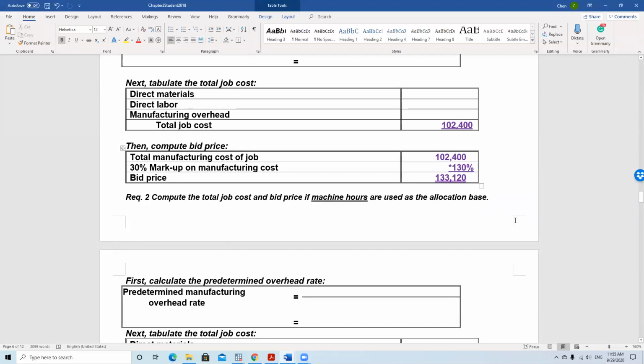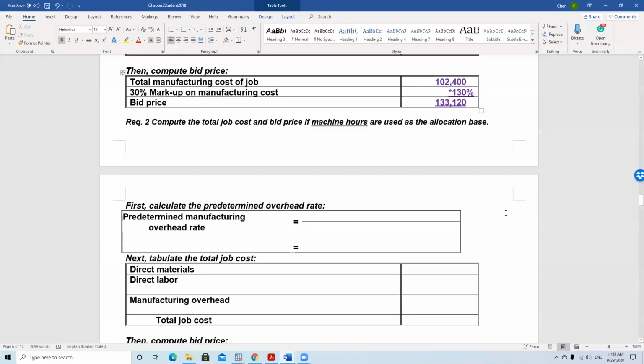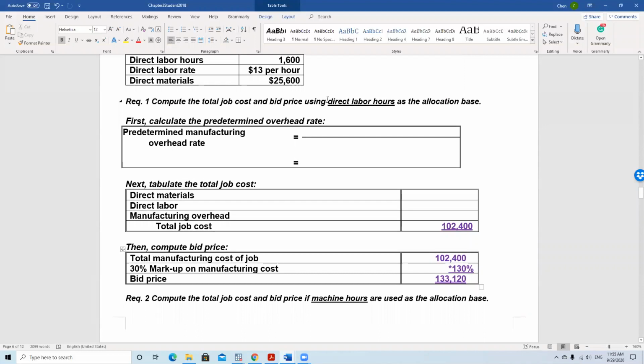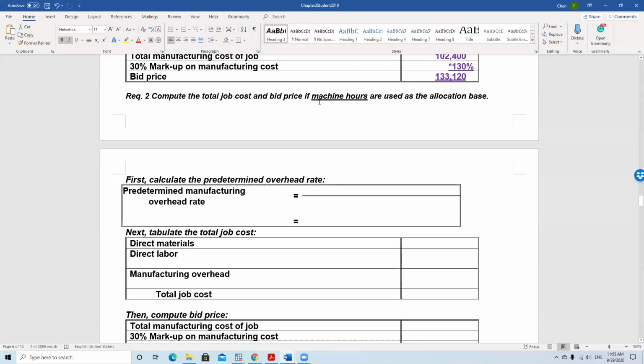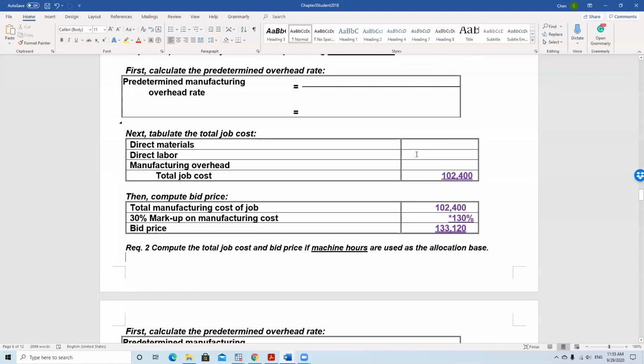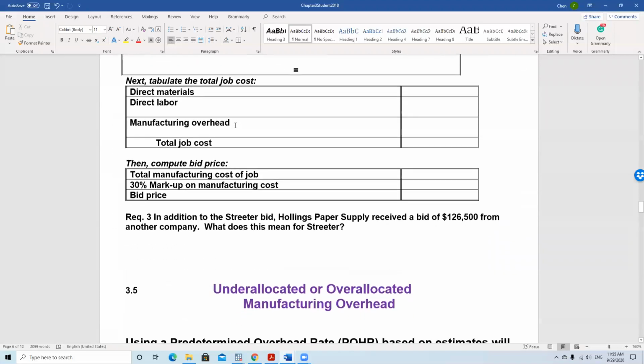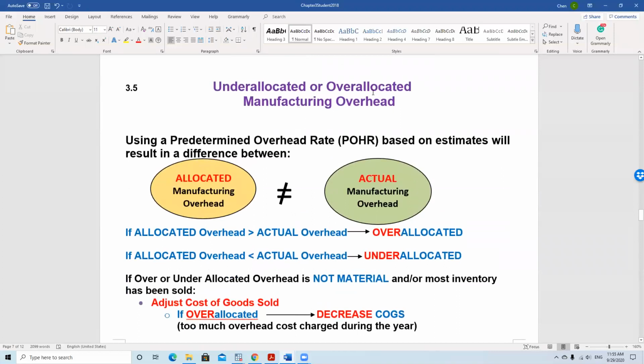Okay, and then you see, this problem is trying to help you with direct labor hours allocation base and machine hours allocation base. I don't want to go through all this again, but you need to understand that your manufacturing overhead allocation is greatly determined by the allocation base that you choose. Okay.